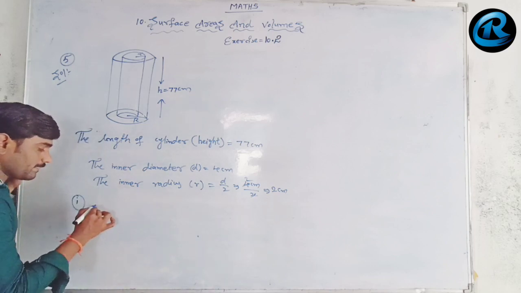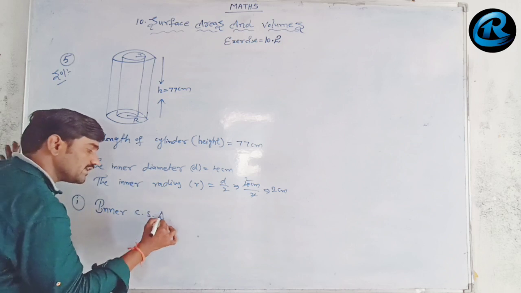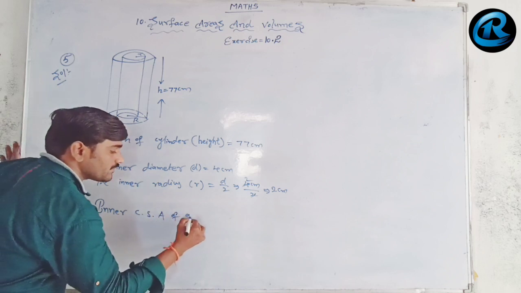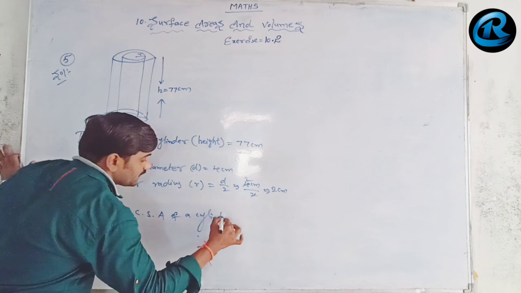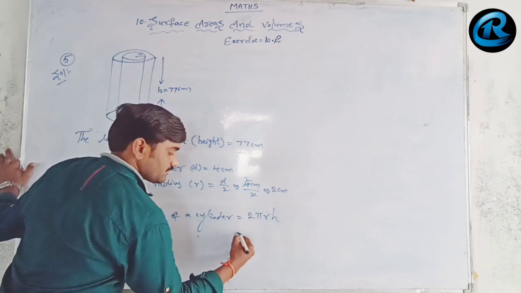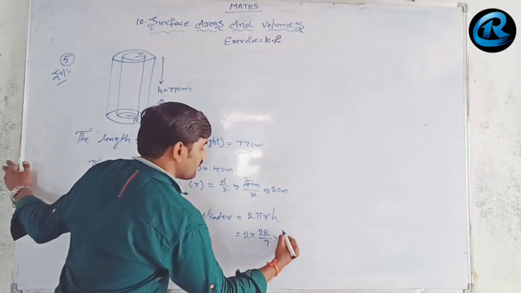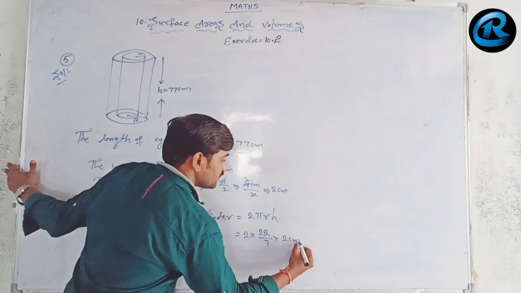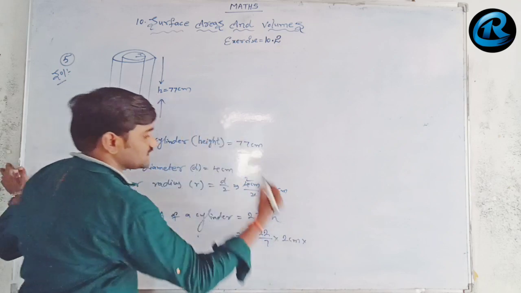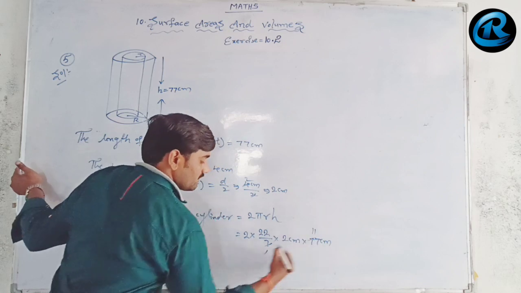First one, inner curved surface area of a cylinder is equal to 2 pi r h. 2 into 22 by 7 into r value is 2 centimeters into h value, that is 77 centimeters. 7 elevens are 77.